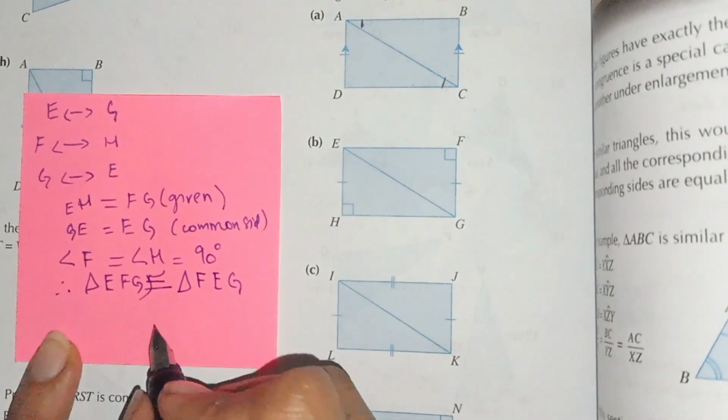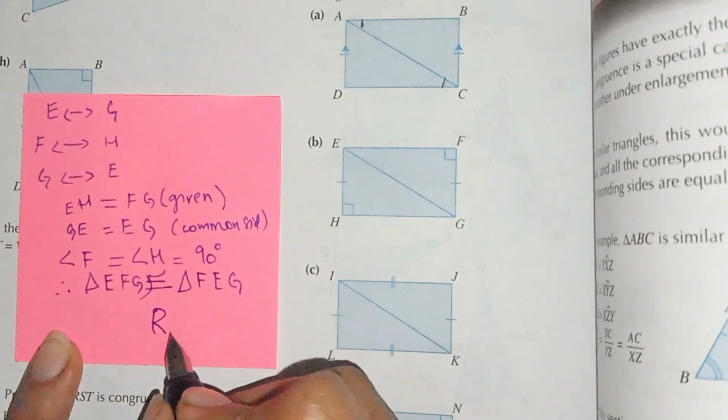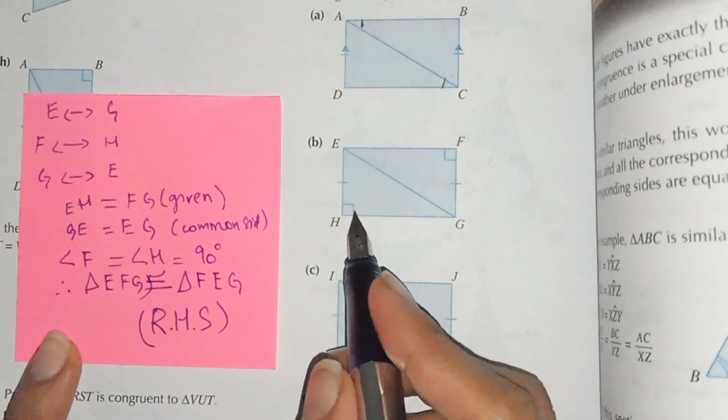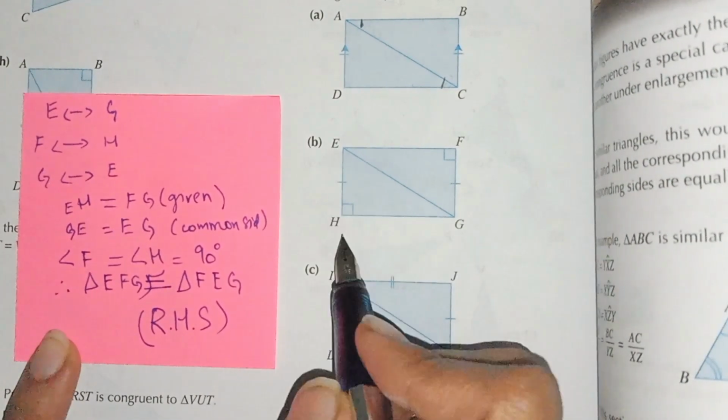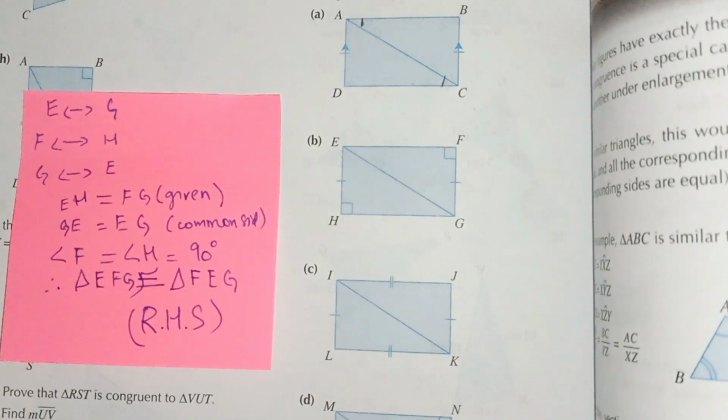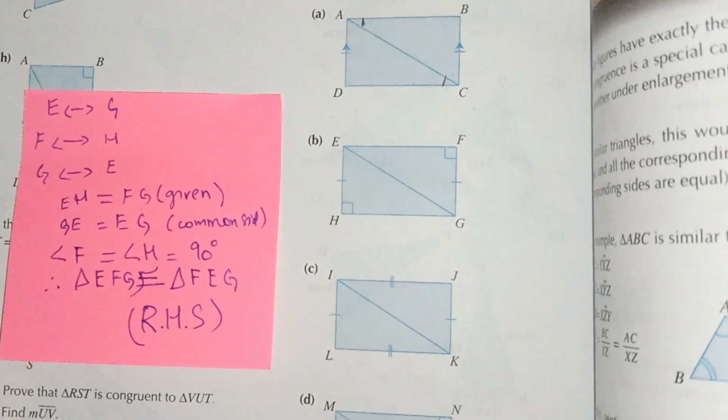And which test is applied on it? The right angle, hypotenuse, and side test. That is the right angle, this is hypotenuse, and side. These are equal to each other. Both triangles are congruent to each other. Now, students, part number B is solved.